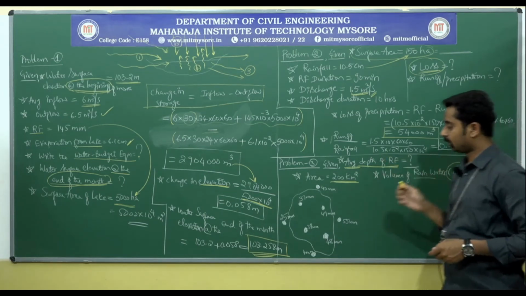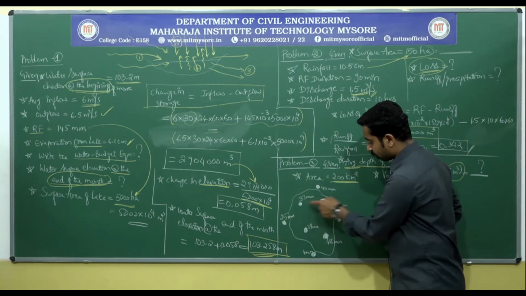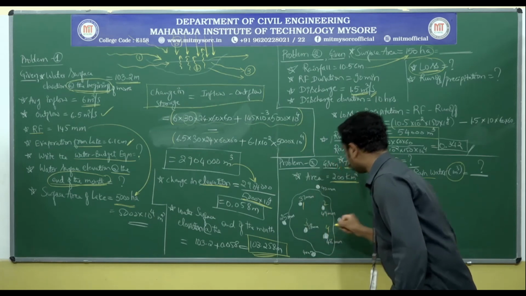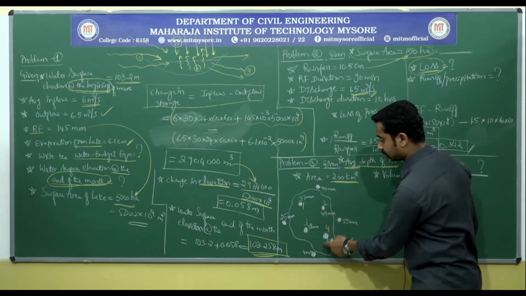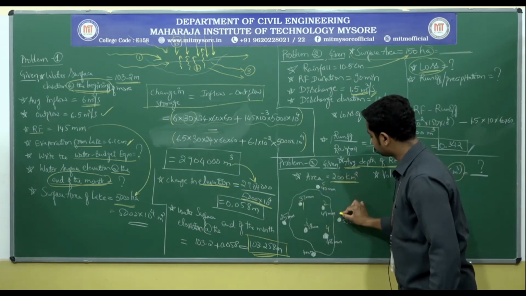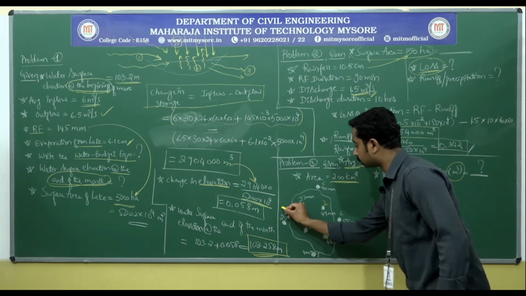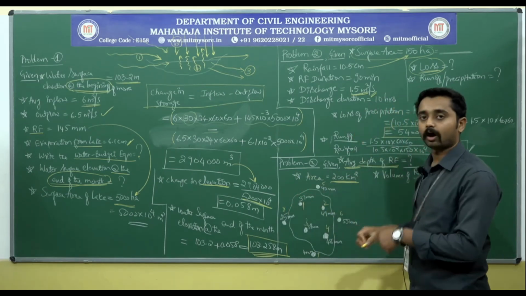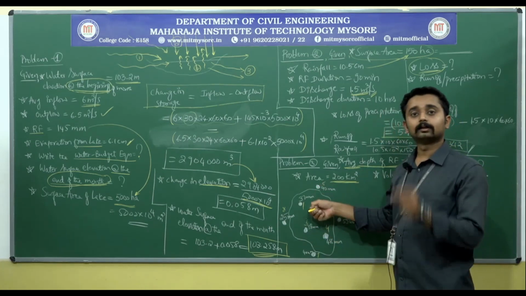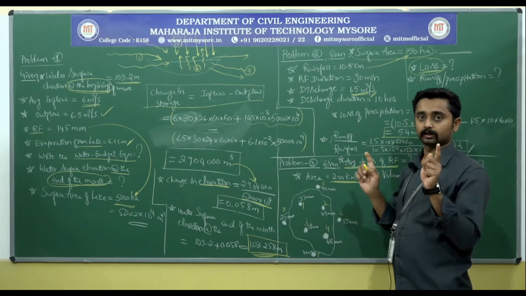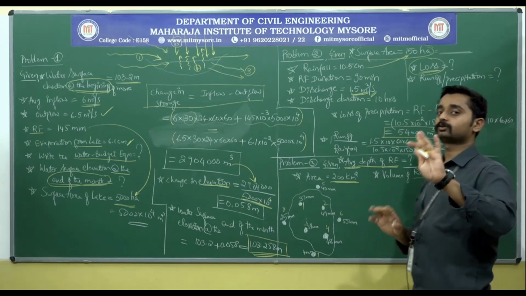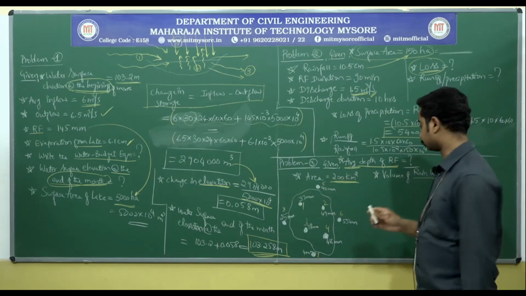Rain gauge stations 1, 2, 3, 4 are given within the catchment area, but 5, 6, 7, 8 are given outside the catchment area. For arithmetic mean method, we need to take the rain gauge stations within the catchment area. Arithmetic mean method is the simplest of all types.